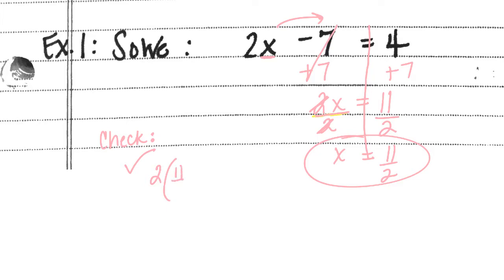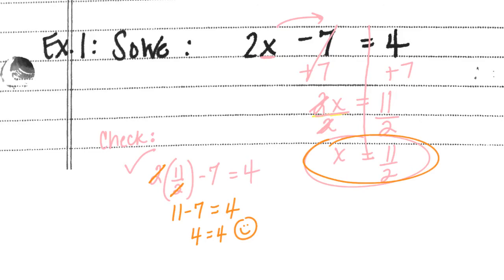We know x was equal to 11 over 2. When I check this, 2 times 11 over 2 is just 11, and 11 minus 7 is 4. So this one does check through, and the answer is 11 over 2.